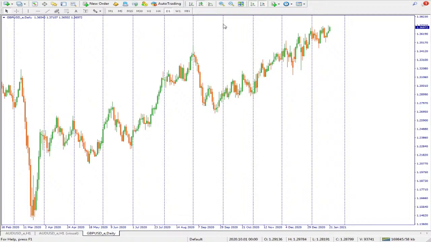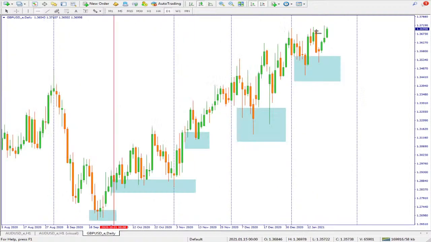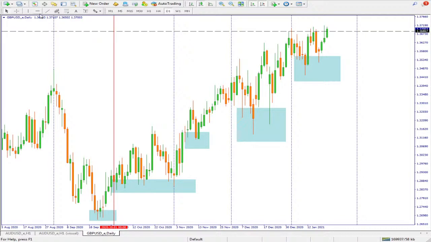If the price breaks beyond this resistance level, this one, if the current day's candle can close above 1.36867, then this will give us the correct price to sell from. We'll basically expect price to break beyond, to create a fresh low.